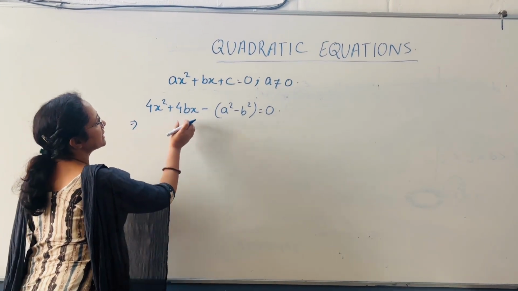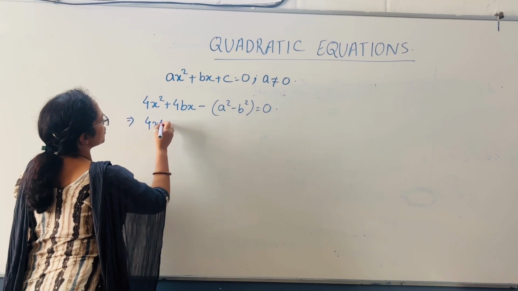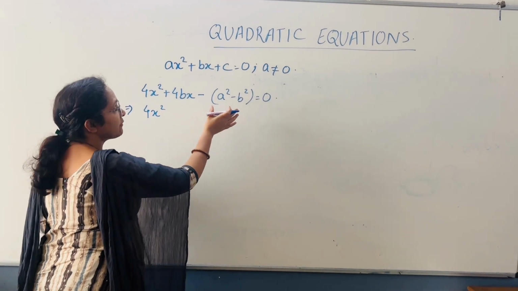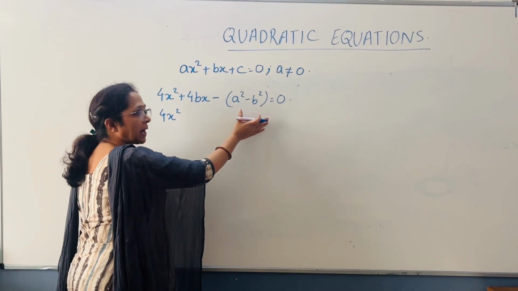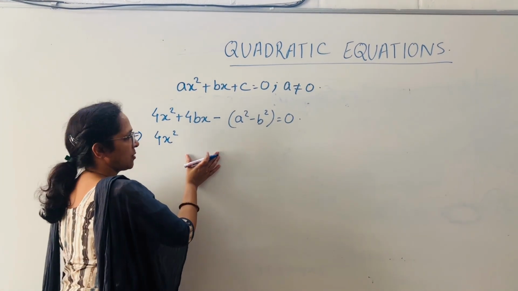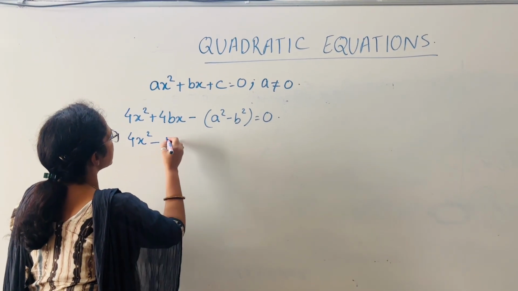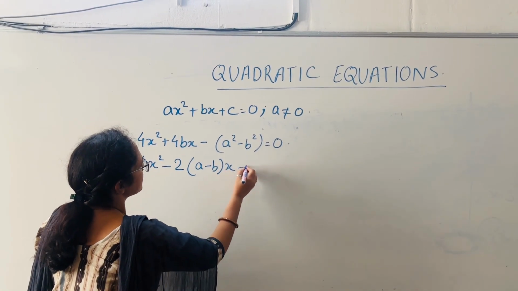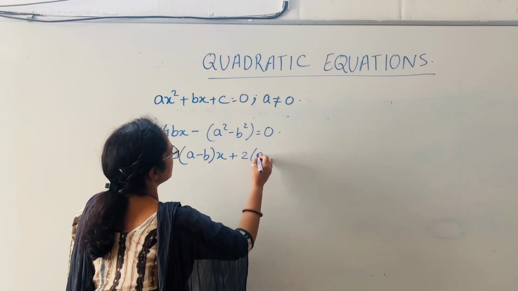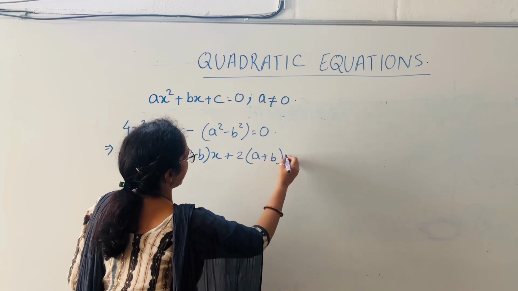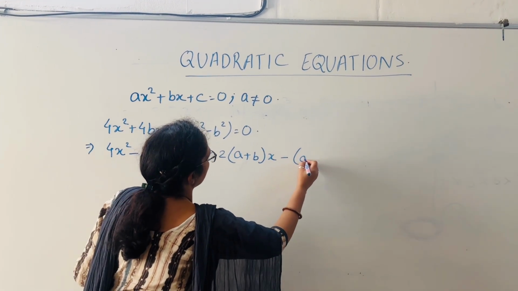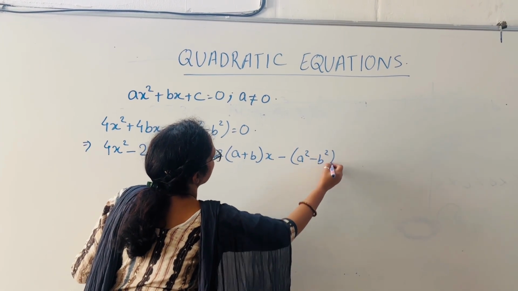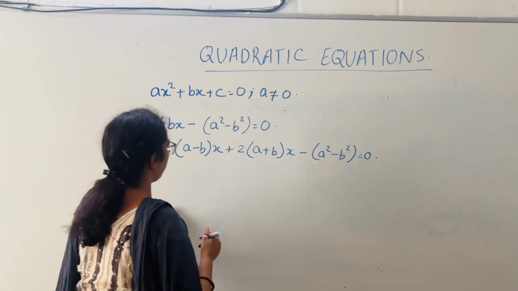We will split the middle term. 4x square. We have to be very careful while arranging the terms. So it will be minus 2(a minus b)x plus 2(a plus b)x minus (a square minus b square) is equal to 0.